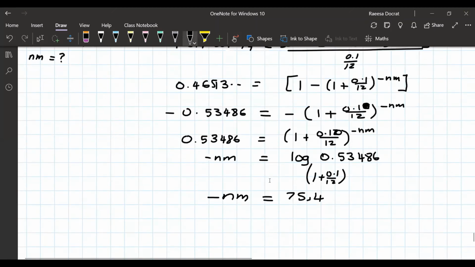So then when we divide both sides, we get positive nm is equal to 75.4. So therefore, she will get 75 full payments.